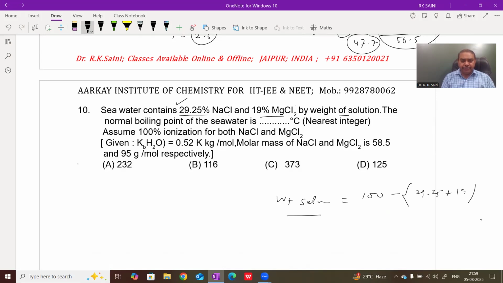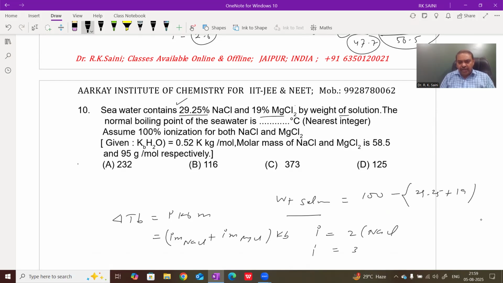And the boiling point, 100% ionized. Therefore, we find elevation in boiling point equals I Kb into m. In case of two electrolytes, we write (I m of NaCl plus I m of MgCl2) multiplied by Kb. First, we find I for NaCl, 100% dissociated. I is 2 for NaCl.